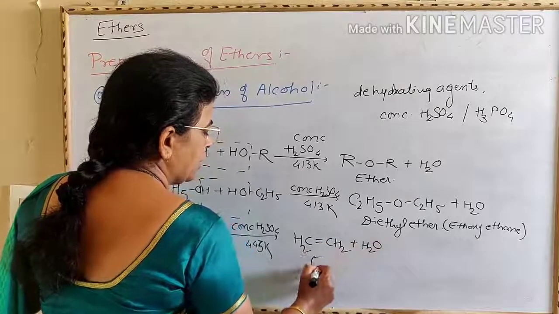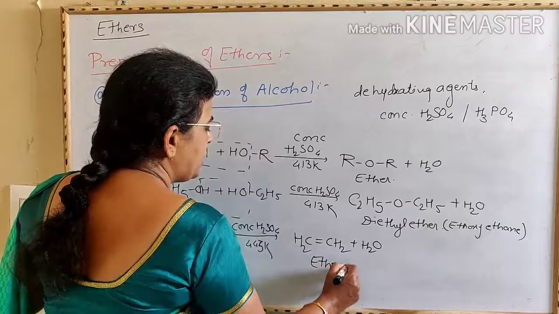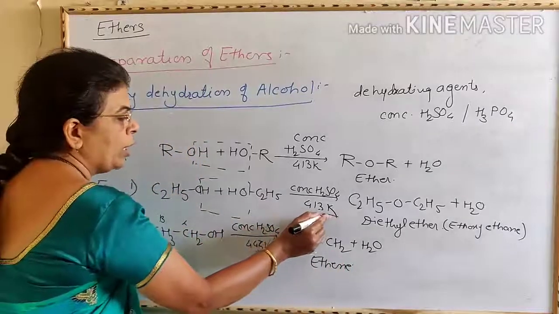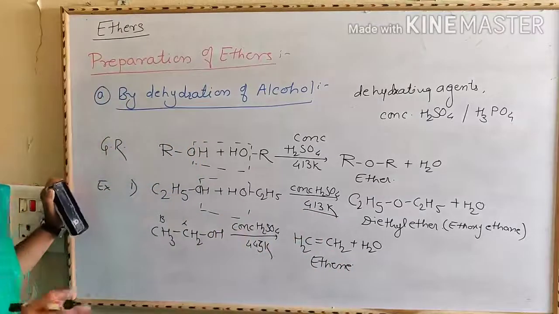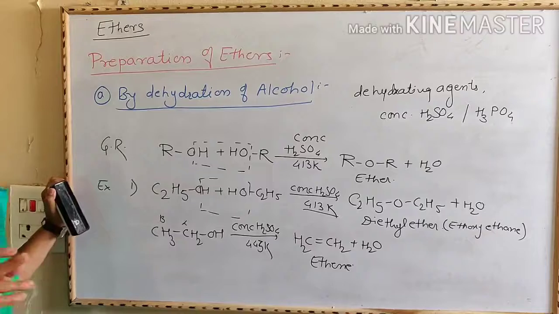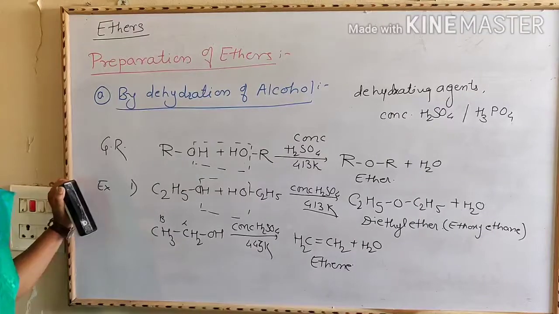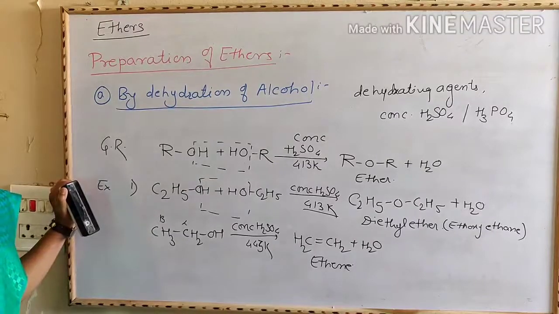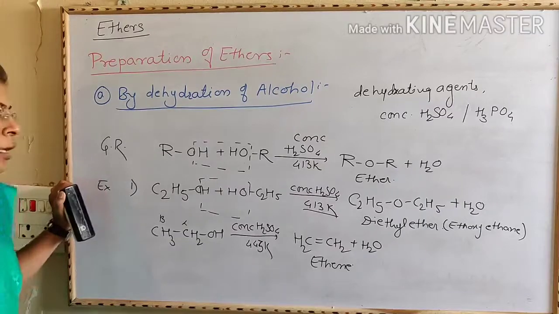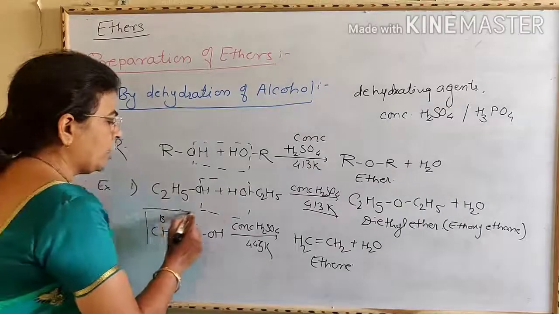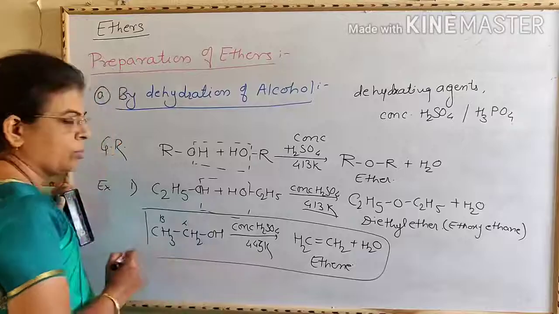This is ethene. That is, this reaction must be carried out at 413 Kelvin temperature. Then only we will get ether. And if the temperature is increased above 413 Kelvin, then intramolecular dehydration is carried out.